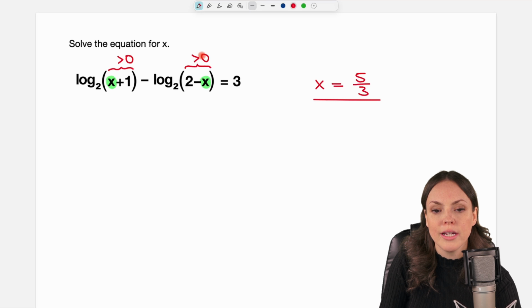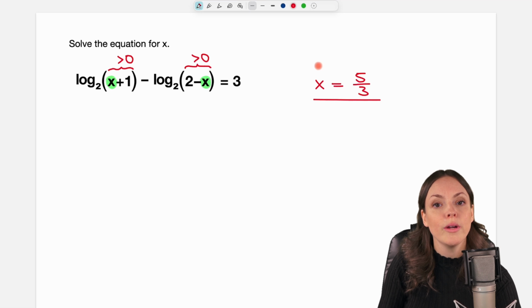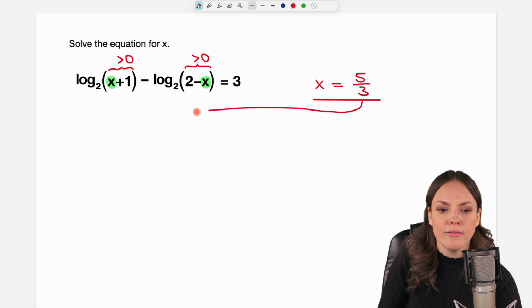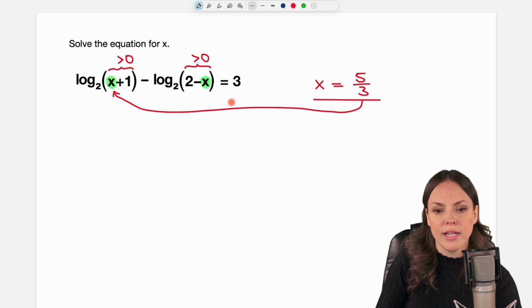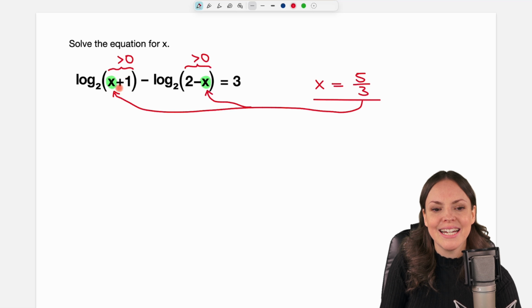It has to be greater than 0. Then we have a valid solution. So we take our 5 over 3, insert it here, and after that also insert it here, and check if what is inside is greater than 0.